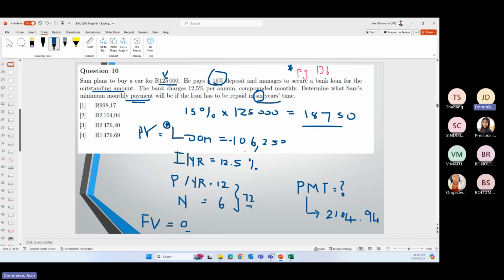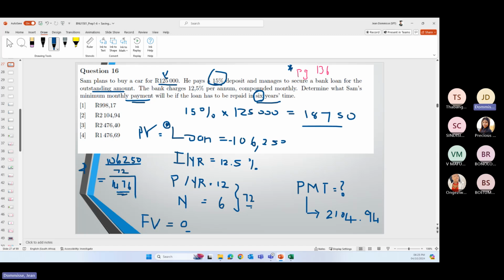If I do that, I get 1,476. What I'm trying to do with this simple calculation is to say, if I don't pay interest, this is the minimum that I would have paid.